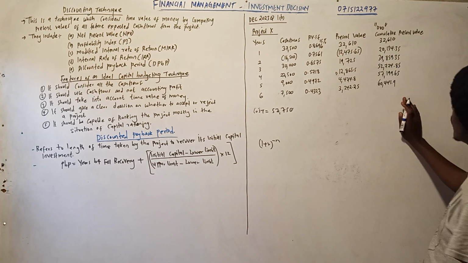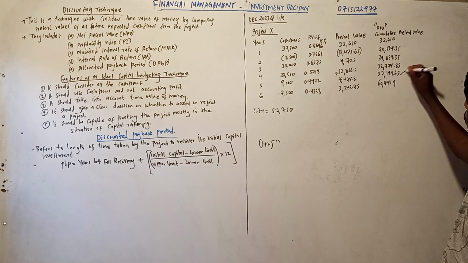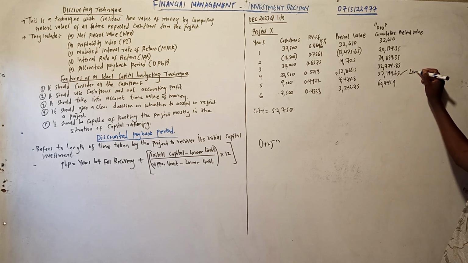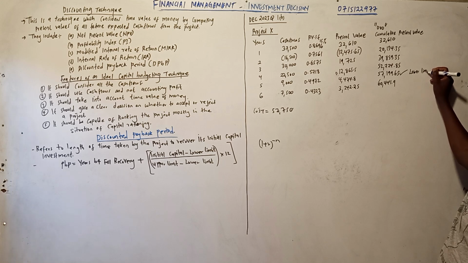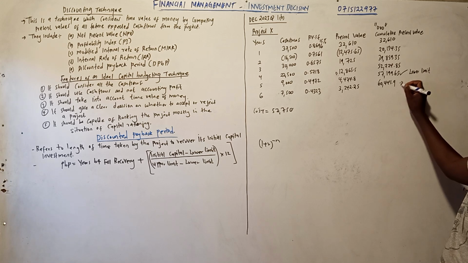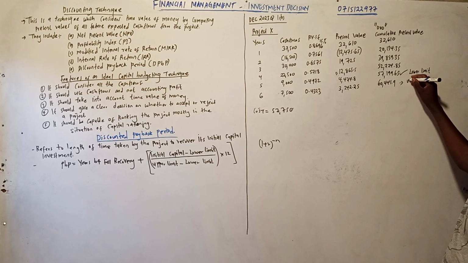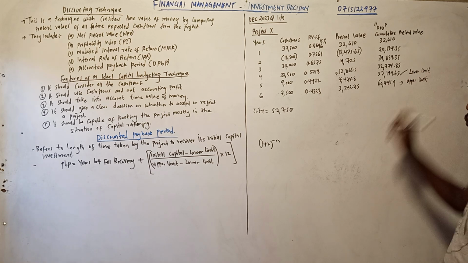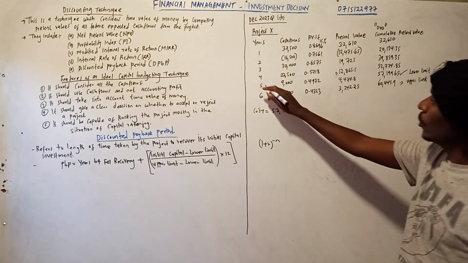Now 57,750 we shall recover from this point, which forms the lower limit. Remember that one forms the lower limit. Then the next cash flow forms the upper limit. So the year before full recovery is year 5.